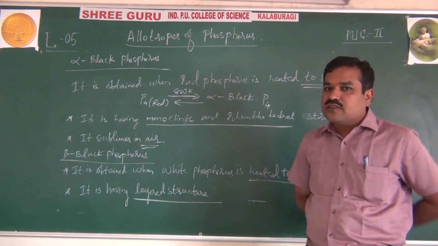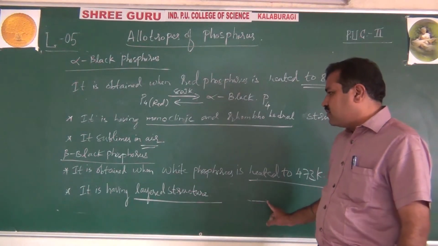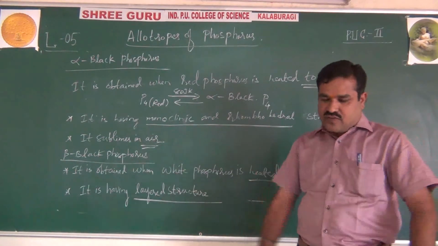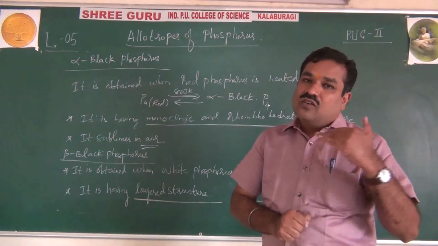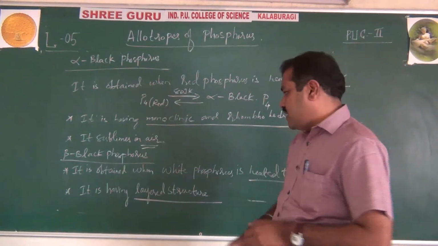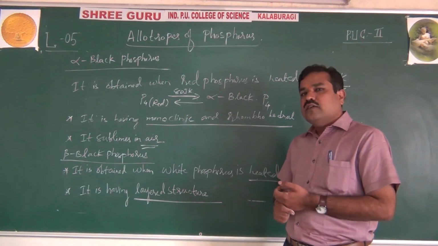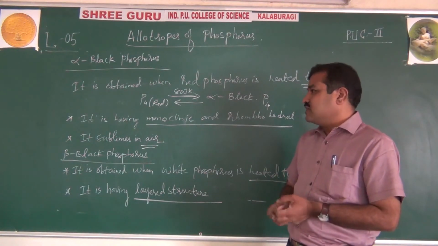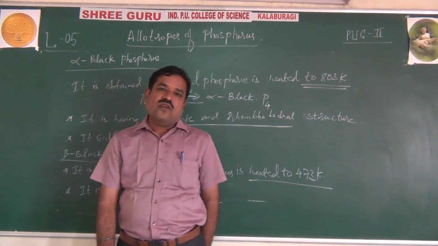But when white phosphorus is heated to 473 Kelvin, you will get beta black phosphorus. So don't get confused. White phosphorus transitions to red phosphorus at 573 Kelvin, whereas red phosphorus, upon continued heating to 803 Kelvin, gives alpha black phosphorus. You have to remember these transition temperatures, very important for CET purpose.